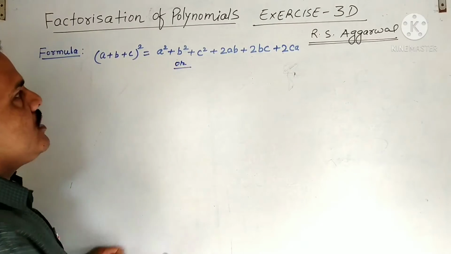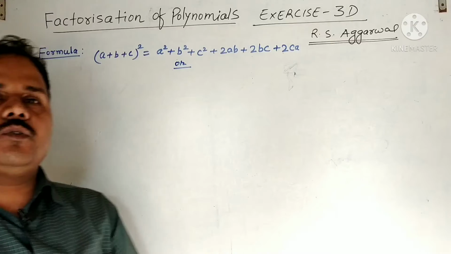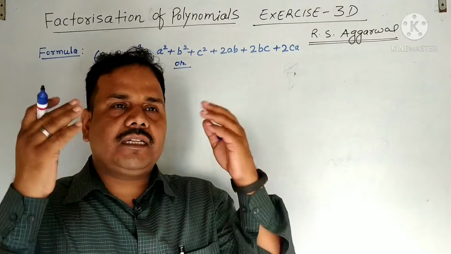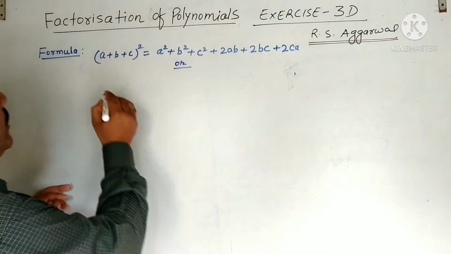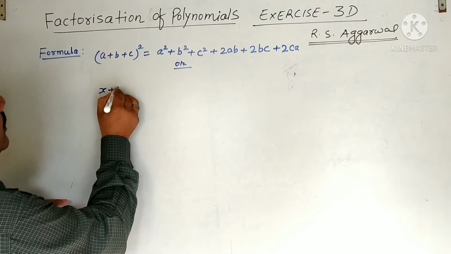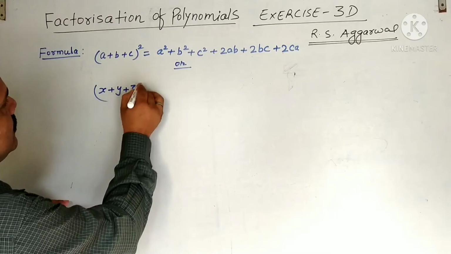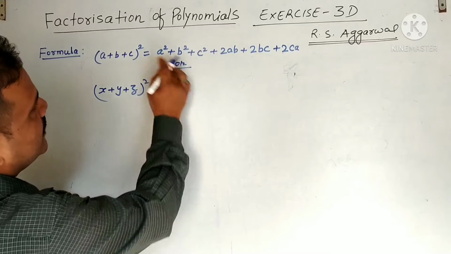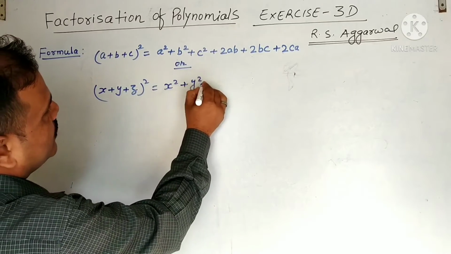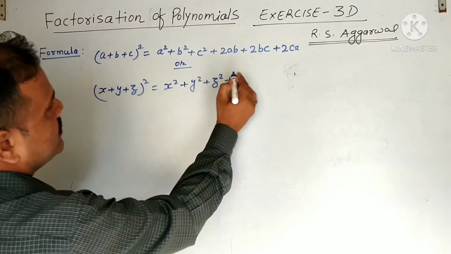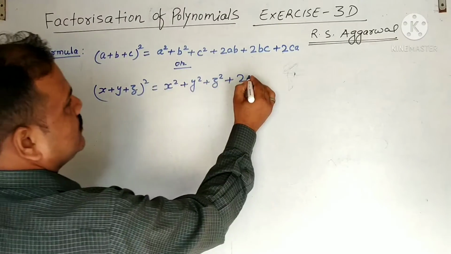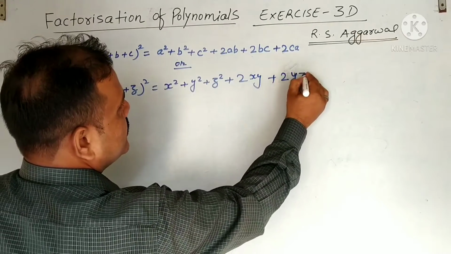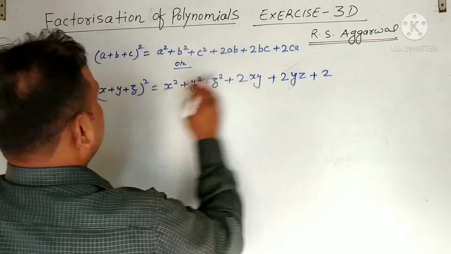Some places if the question is given in terms of abc, there is some confusion. So never keep things in confusion. In that place you can use (x plus y plus z) whole square, which is equal to x square plus y square plus z square plus 2xy plus 2yz plus 2zx.